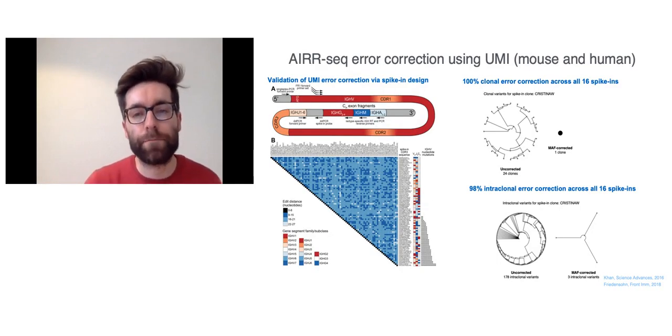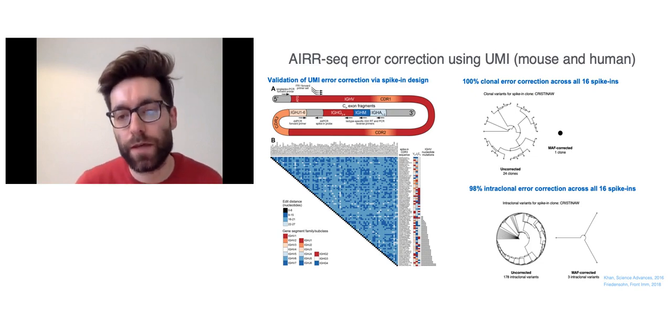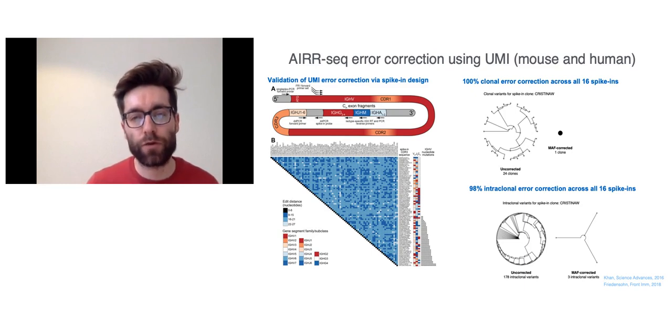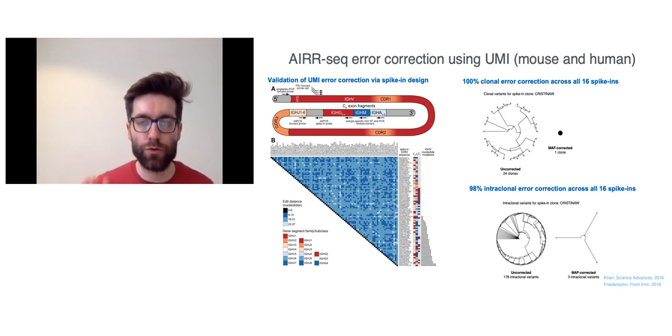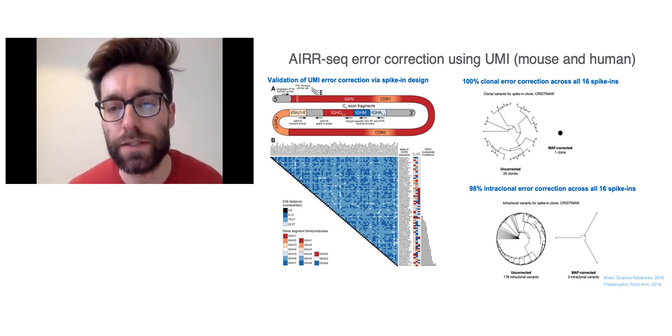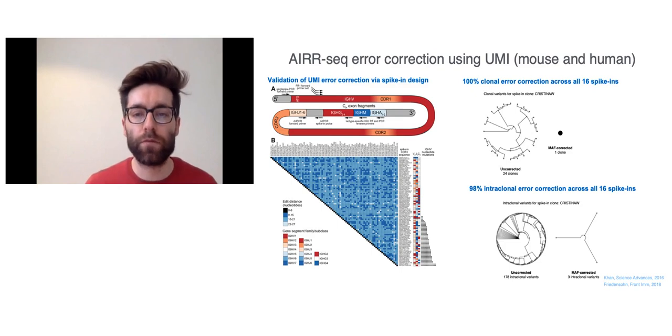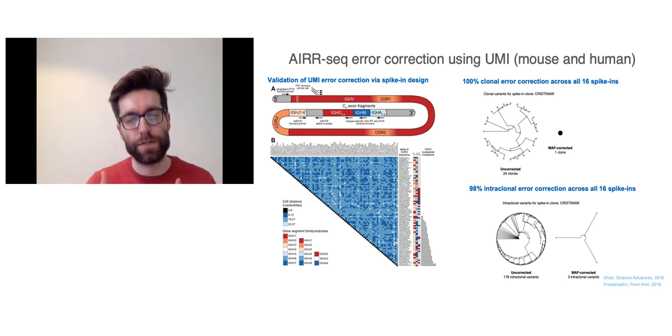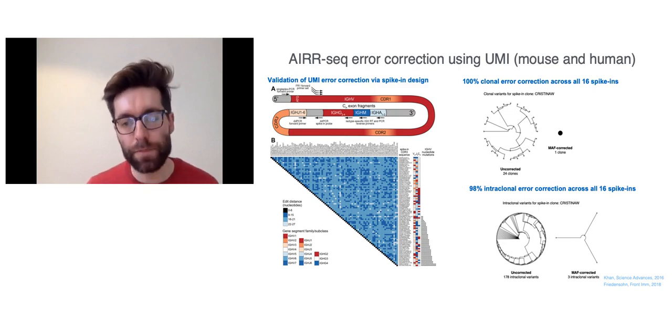So here, this was a paper by the Sci-Ready lab, where they looked at how data looks before UMI correction, where you see that one clone, which was a spike-in where you knew the exact sequence, here called Christina W, had 24 false clones, and was then corrected to one clone thanks to the UMI correction, to the consensus read building.